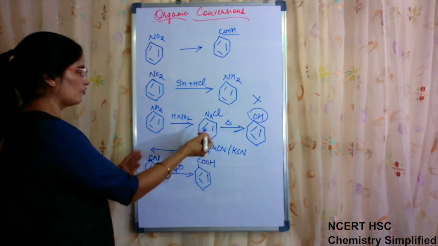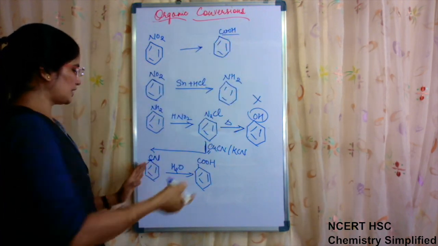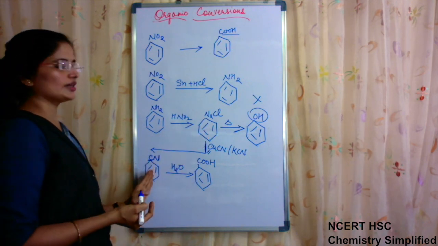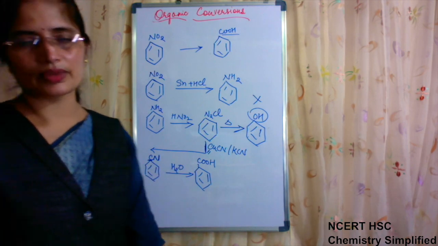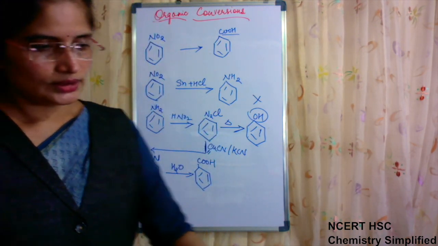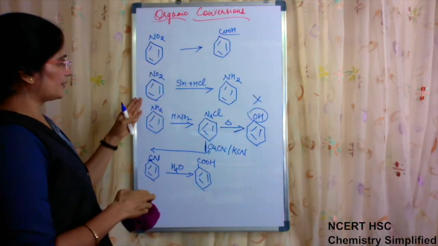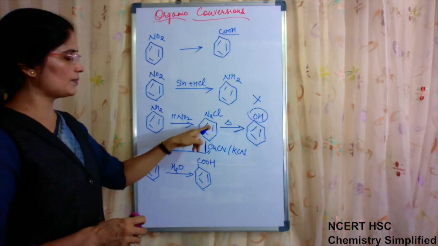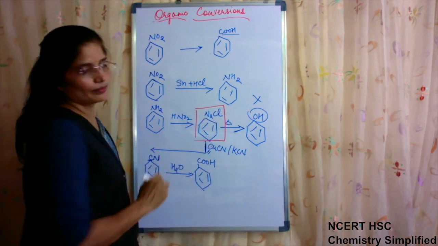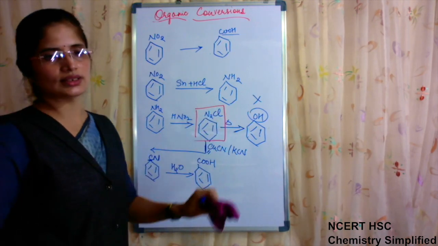After that, whatever is the requirement, according to that we will come to the product. So here we require acid, so we have converted this into cyanide and then acid. Clear? So again the trend will be same. This compound is must when you are doing organic conversion of aromatic compounds. So remember how to reach to this.